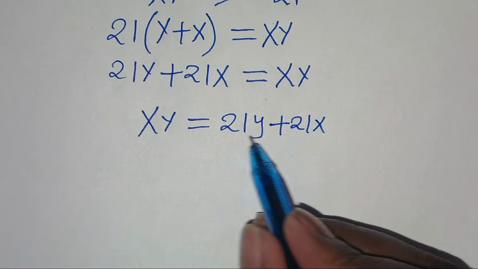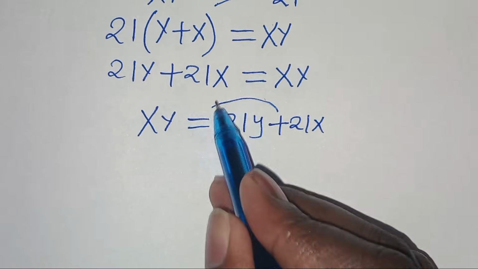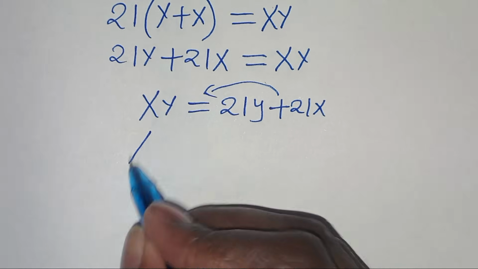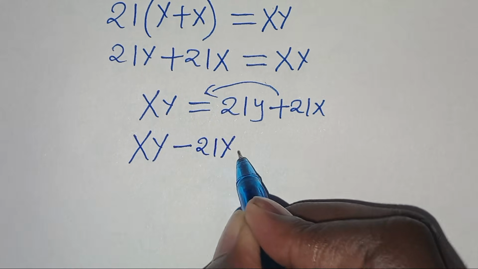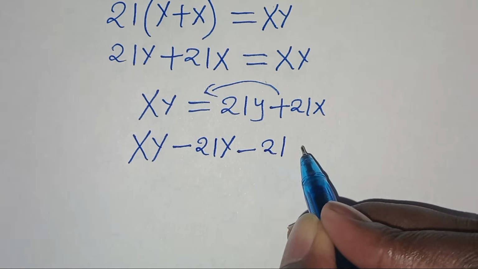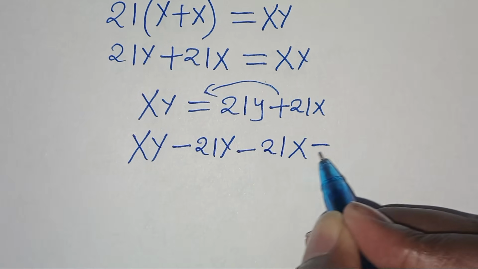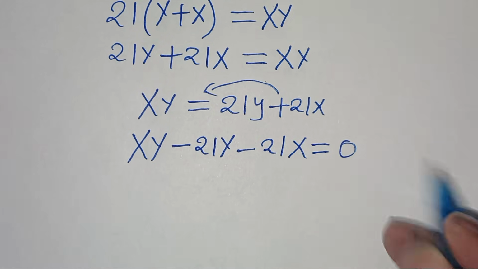So let's take 21y plus 21x to the left-hand side so that we have xy minus 21y minus 21x equal to 0.